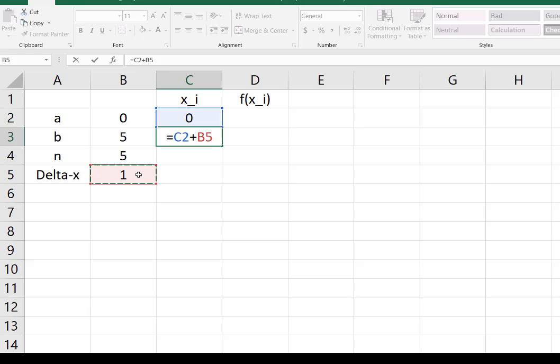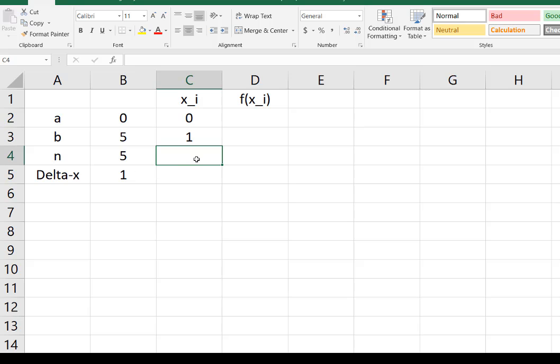And you can't see my keyboard, but I'm hitting F4 when I've selected that cell, because that will then keep the referencing to that cell fixed. And then what I will do is just copy this down the line. And I'm going to stop here because I know that I only need to go from 0 to 5.